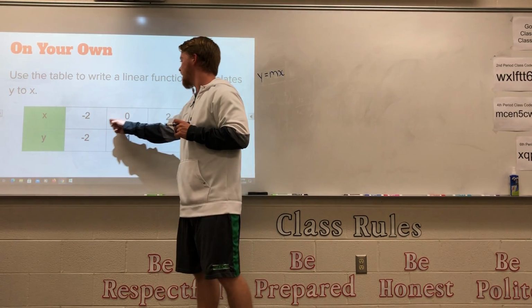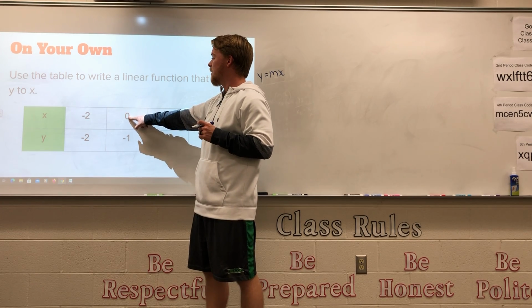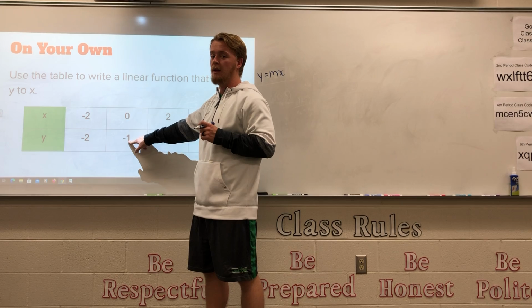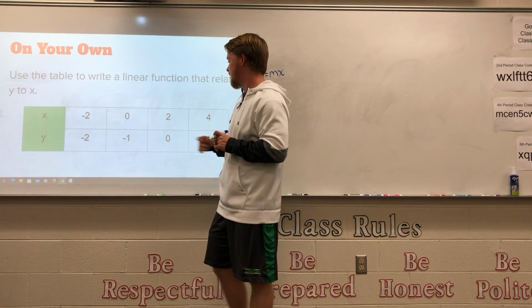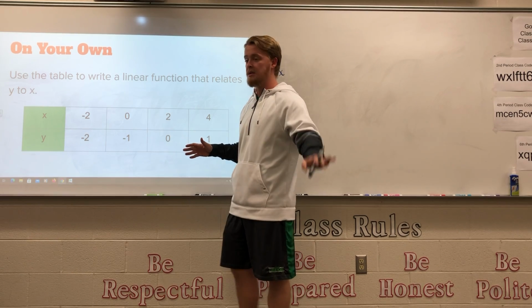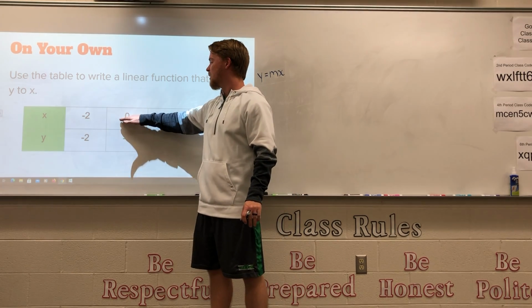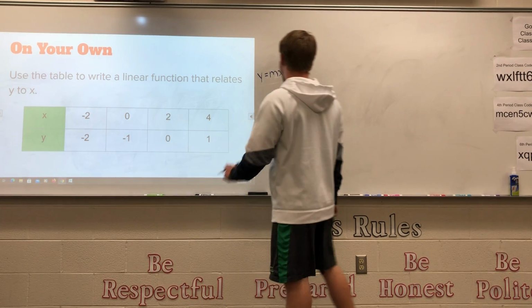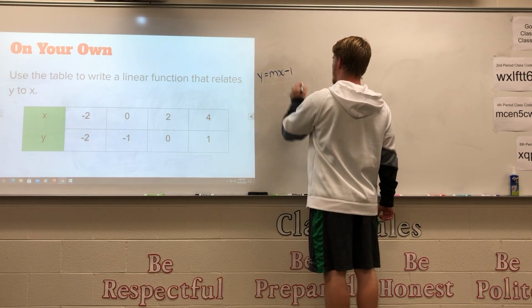So in this table, my x is 0 right here. That means my y-intercept is -1. Make sure you get that right, because sometimes you might have a y that's 0. That doesn't matter for y-intercept. You're looking where the x is 0, whatever the y with it is your y-intercept. So -1 is what I plug in for b.